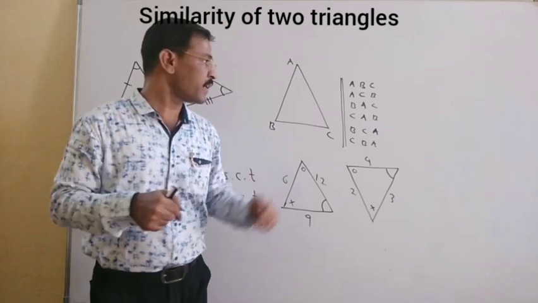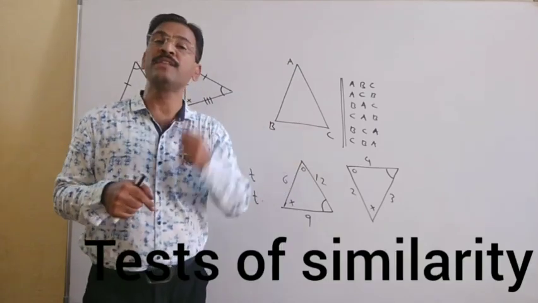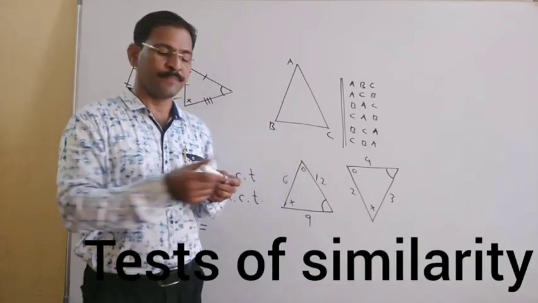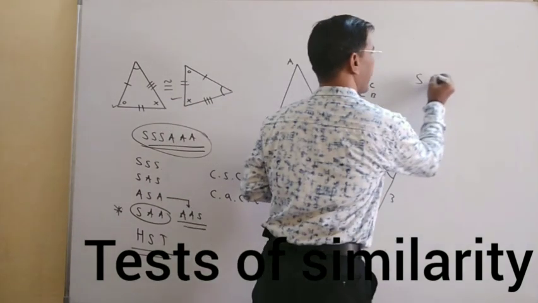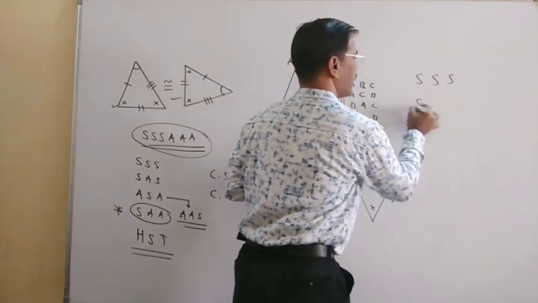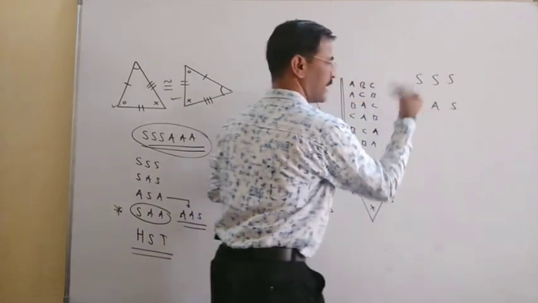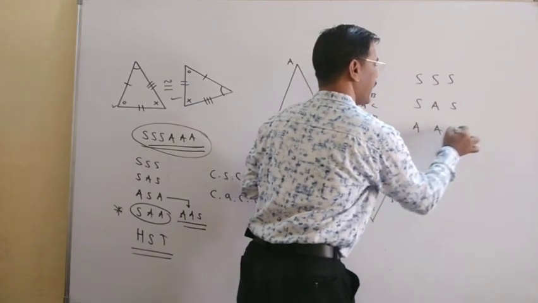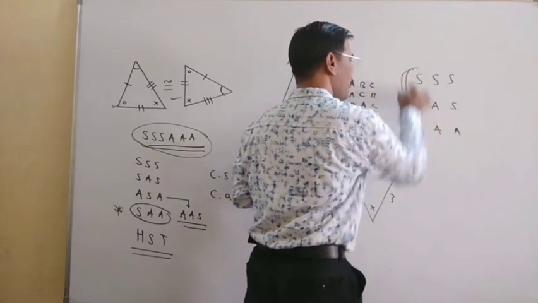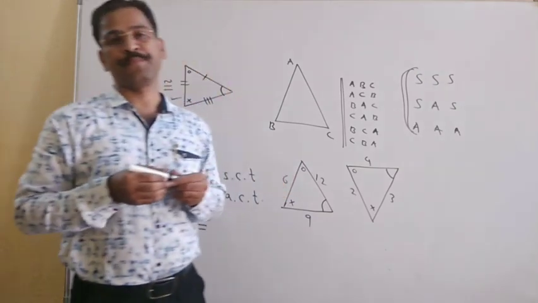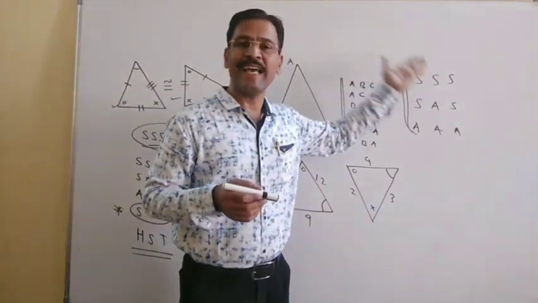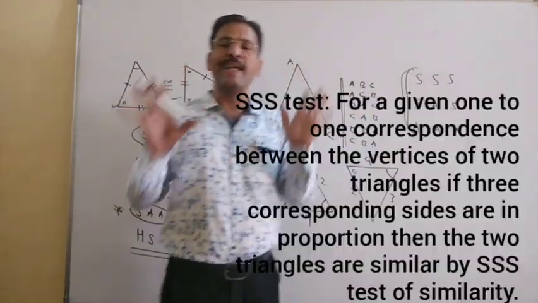So here, in the similarity part, which are the 3 tests? See here, SSS test. After that, SAS test. And then AA test. Here we are going to follow these 3 tests. For the first, what do we need? SSS test, only sides are given.